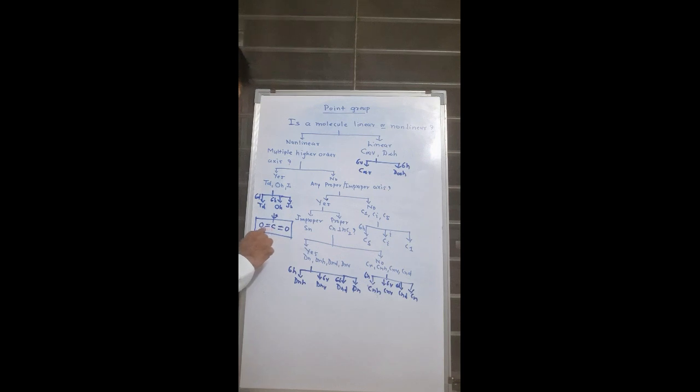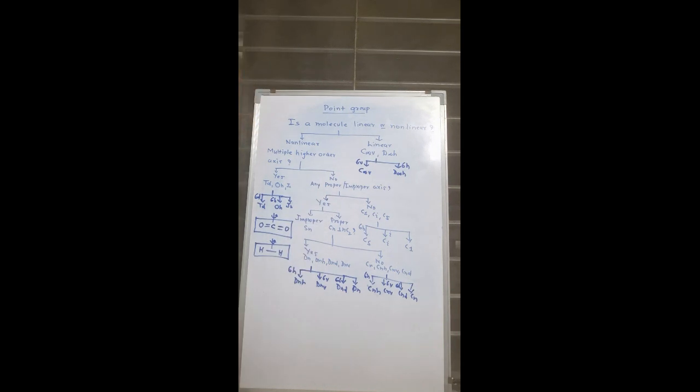So in case of carbon dioxide, this molecule is linear, but this plane is perpendicular to the main principal axis, means sigma h is present, means D infinite H point group is present in carbon dioxide. So this molecule is assigned as a D infinite H point group.